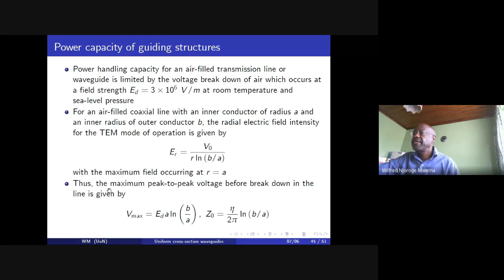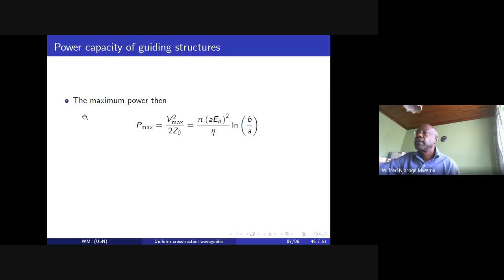Thus, the maximum peak-to-peak voltage before breakdown in the line will be given by Vmax equal to ED multiplied by a natural log of b over a, and Z naught equal to eta over twice pi natural log of b over a. The maximum power will then be given by Pmax equal to Vmax squared divided by twice Z naught, and you see that this is given by pi a squared ED squared over eta natural log of b over a.